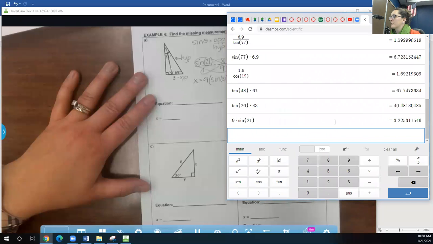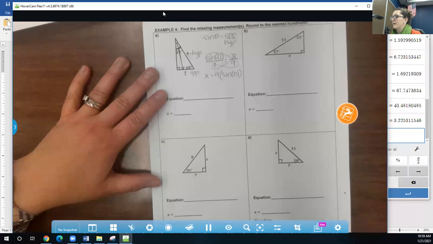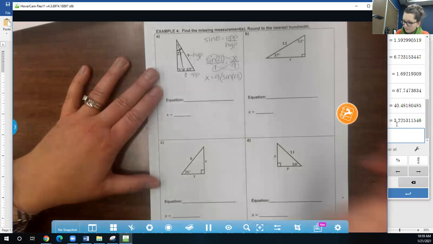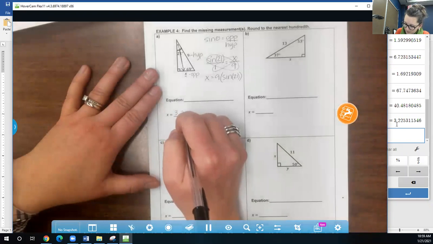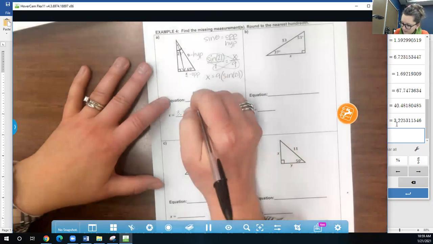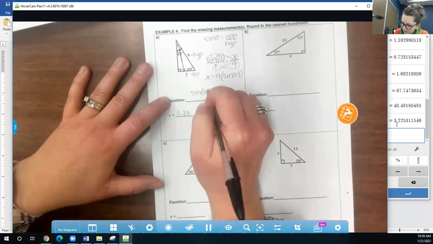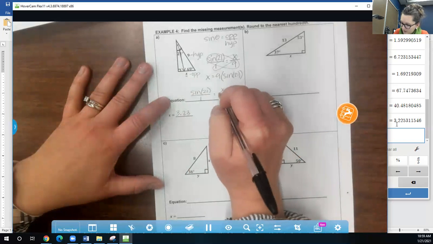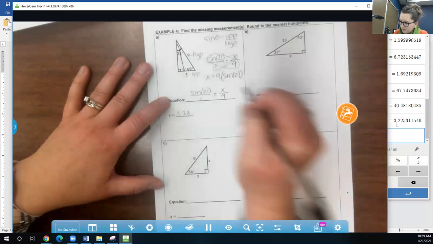We're going to round to the 100th, sorry. So 3.23 is our answer. So our equation is sine of 21 divided by 1, right? We changed it to a fraction by putting it over 1, equals x over 9.